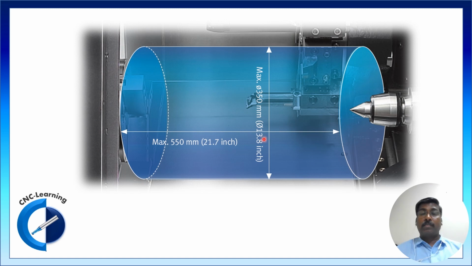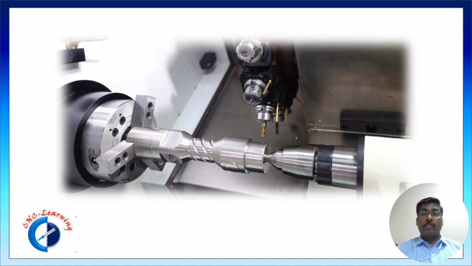That is 350 mm in this case. This is a standard part. This particular machine is with live tools, and the part is held between chuck and tailstock.